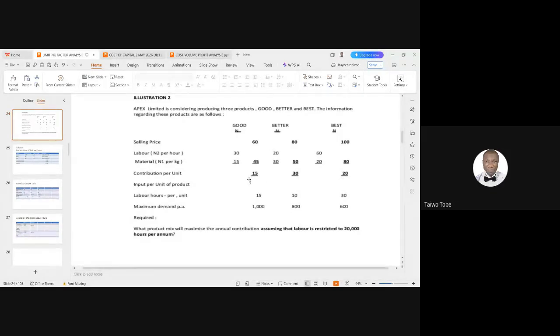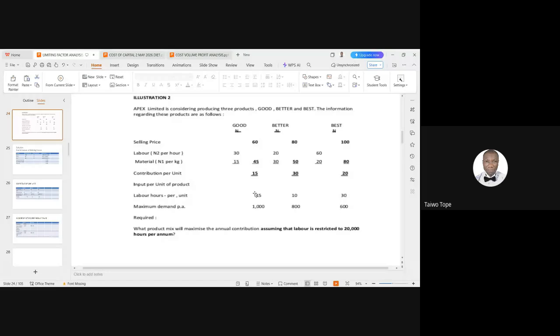And I explained that since labor is the limiting factor, how many hours do you need to produce 1 unit of good? It is already given to us in the question, but where it is not given, it will be 30 divided by what? 2 naira per hour.